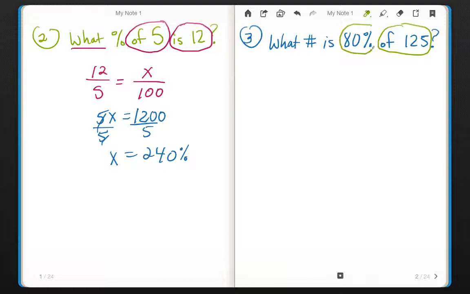So 80%. And what number is, that means we're missing the is. So then we're solving for the is. Correct. What number is? So x for the is. 80 over 100 of 125, so the 125 goes on the bottom. And then let's use our cross products.